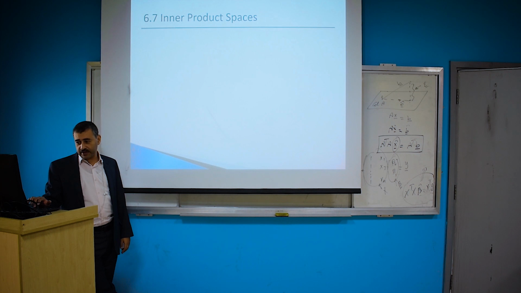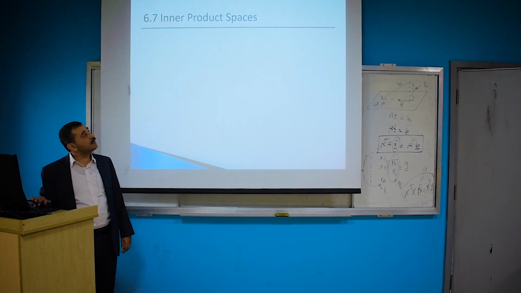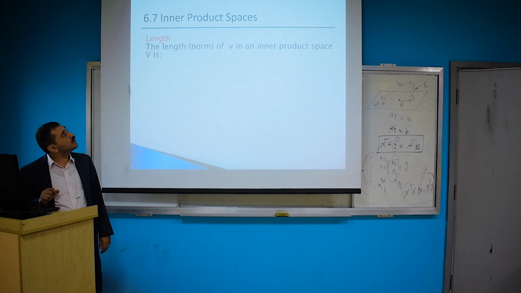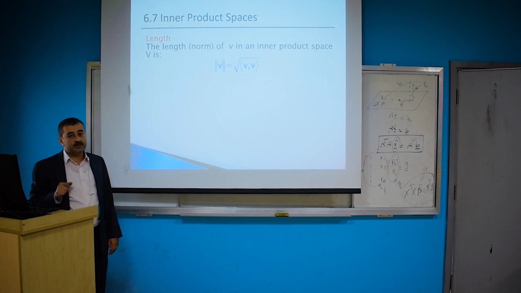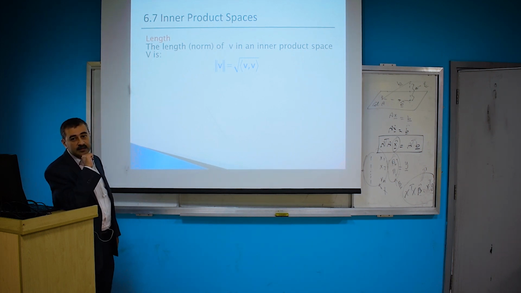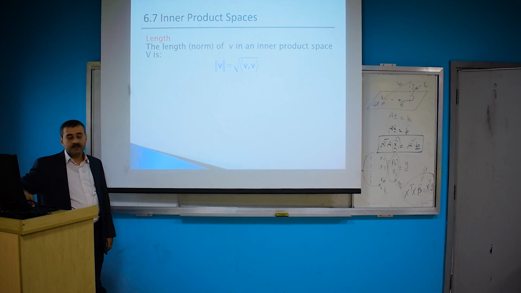If you remember the length, we wrote the length in terms of the dot product. So we extend it here for a general inner product this way, which is the square root of the inner product between the vector and itself. And for the distance, do you remember how to get the distance between two vectors? It was the length of the difference between the two vectors.